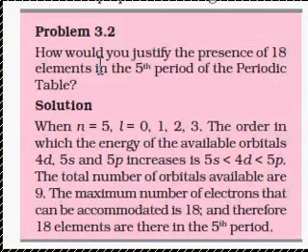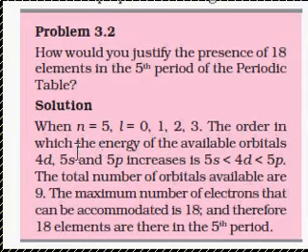Problem 3.2 of your textbook. How would you justify the presence of 18 elements in the fifth period of the periodic table? Solution. When n is equal to 5, that is the fifth period, principal quantum number is equal to 5. l is equal to 0, 1, 2, 3.